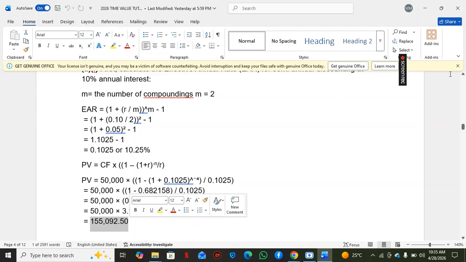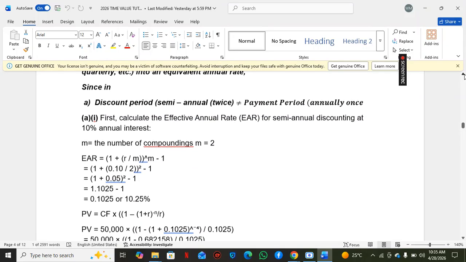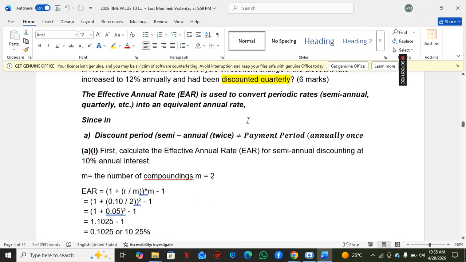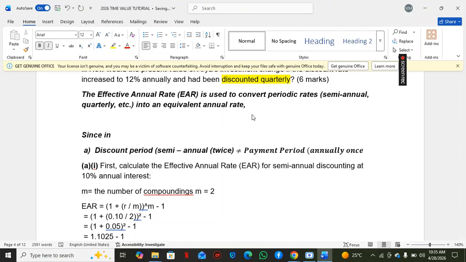This effective annual interest rate, you only use it when the payment period is greater than the discounting or compounding period.